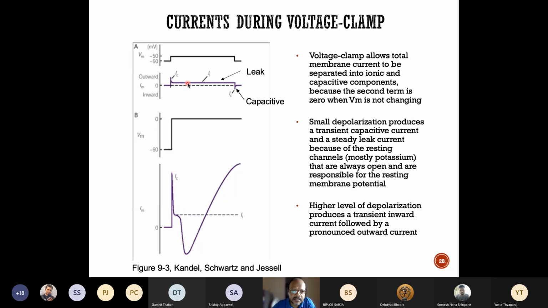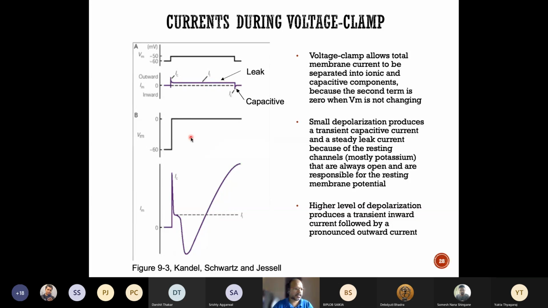But otherwise, the current that is flowing through is flat. And what is this conductance? Conductance is now just voltage divided by this current. So it's flat. This is where the active mechanisms haven't kicked in and the current is just flowing through the leak conductance, which we had shown earlier. This is the passive part. Okay, so this is the stuff that we had talked about earlier.